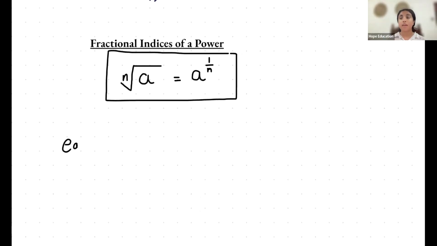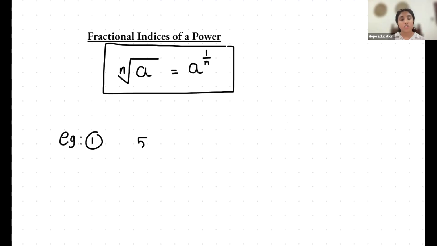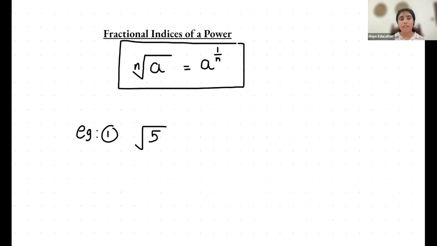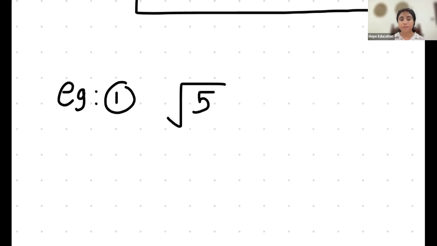Let me show you an example. Number 1. Square root of 5. Square root of 5 means, children, what is the number that comes here? When I say square root, what is the number that comes here? You already know from the previous lesson also.